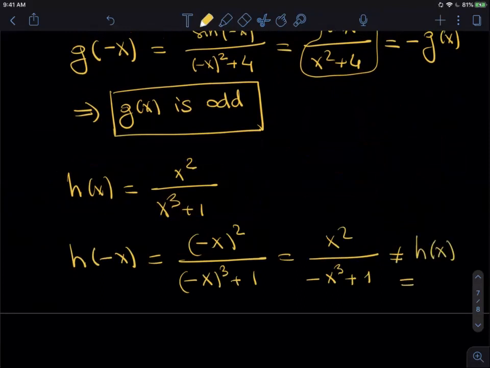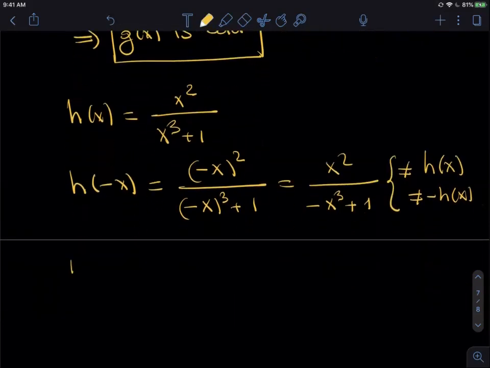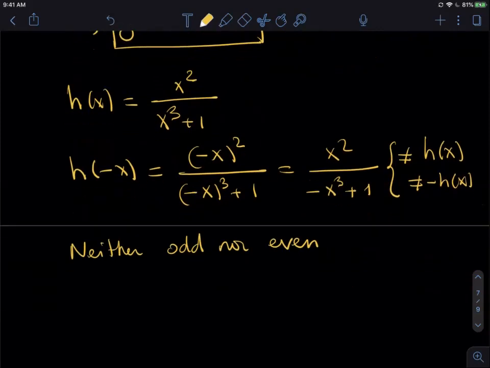And this is also not equal to negative h of x. So this is it. It's neither odd nor even.